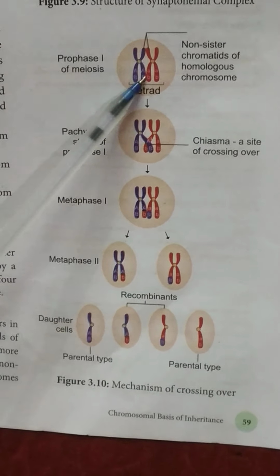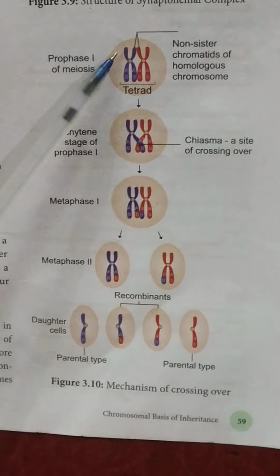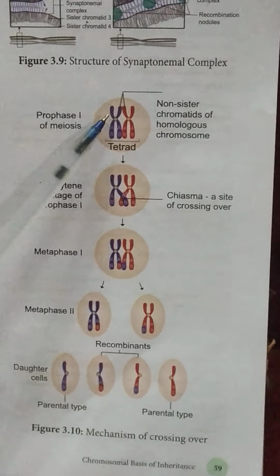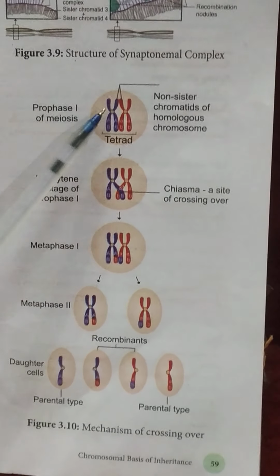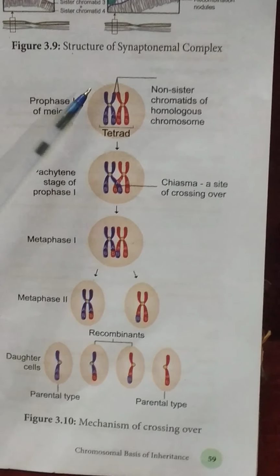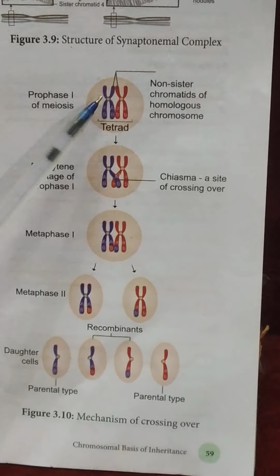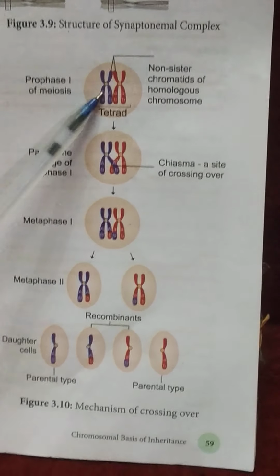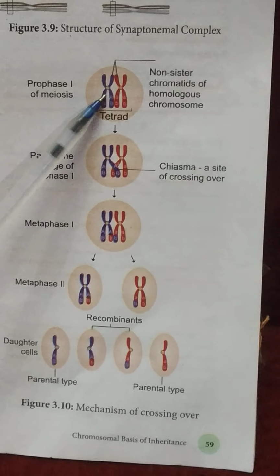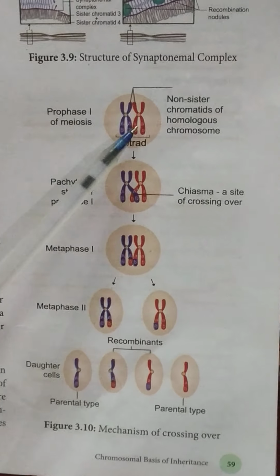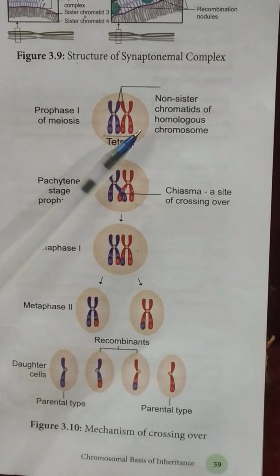But very rarely crossing over takes place in the mitotic cell, which is a somatic cell or body cell. That crossing over is called mitotic crossing over. Mitotic crossing over is very rare, but meiotic crossing over is seen in all organisms: plants, animals, and human beings.